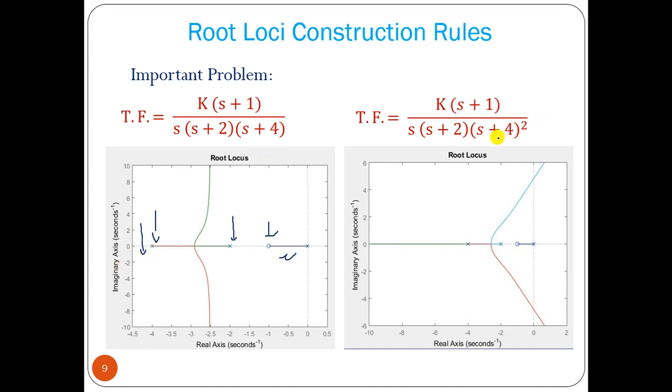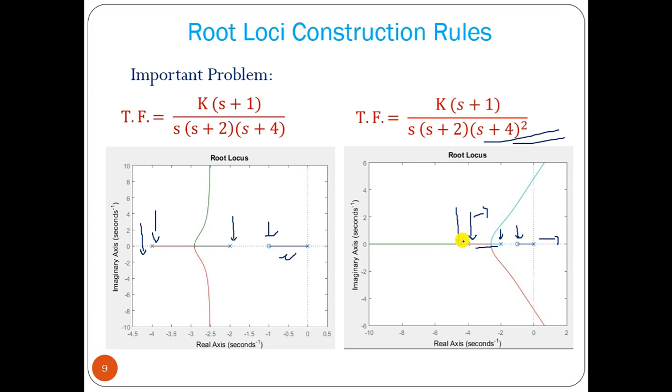If we make s plus whole square, then what we can see is there is no root locus path. At this point, one pole, so the root locus path exists. At this point on the right-hand side 2 poles and zero, so the root locus path does not exist. At this point on the right-hand side, 3 poles and zero, so the root locus path exists here.